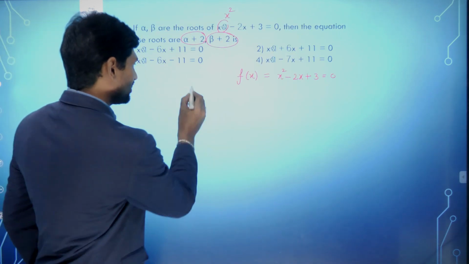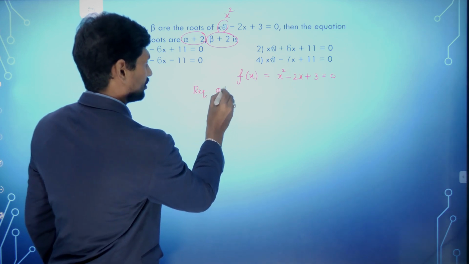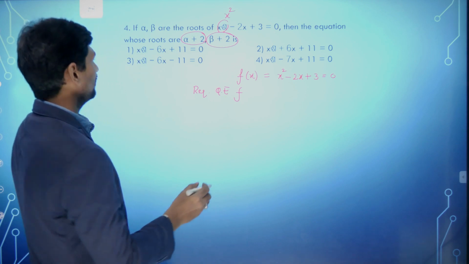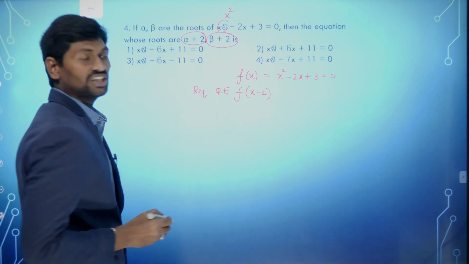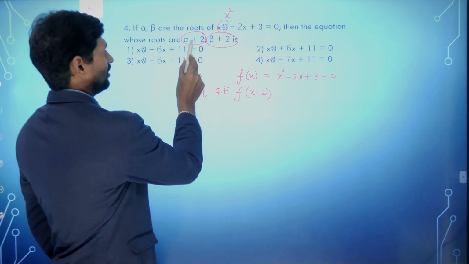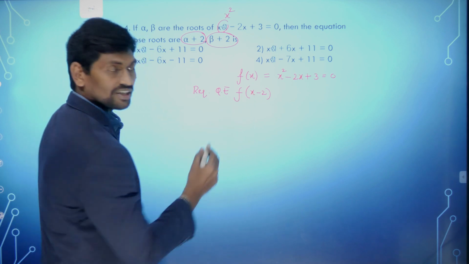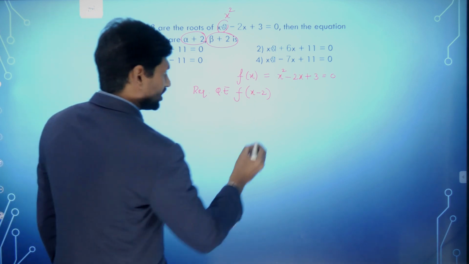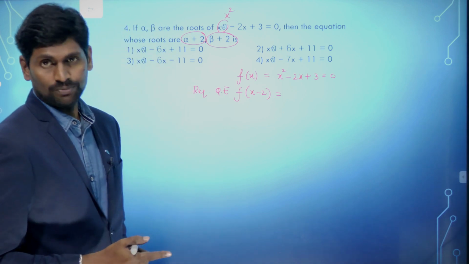Our required quadratic equation is f of x minus 2, where 2 is the constant. Alpha plus k, beta plus k, nothing but alpha plus 2, beta plus 2, f of x minus 2, our required answer. Now I am going to substitute here, in the place of x, x minus 2.